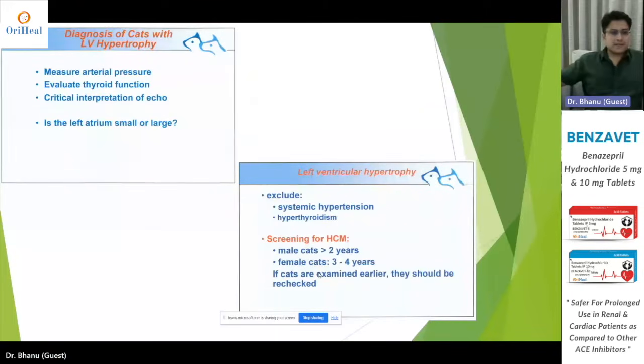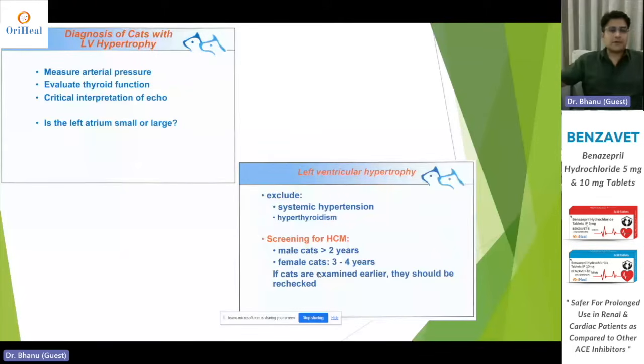So as we discussed, for diagnosis of cats with left ventricular hypertrophy, you have to measure the arterial blood pressure, you have to evaluate the thyroid function, you have to interpret the echocardiogram properly, you have to carefully observe whether the left atrium is small or large.